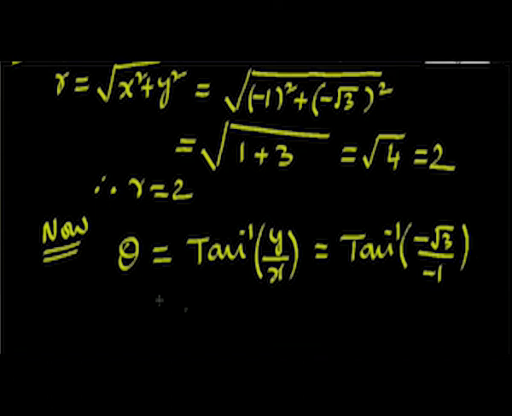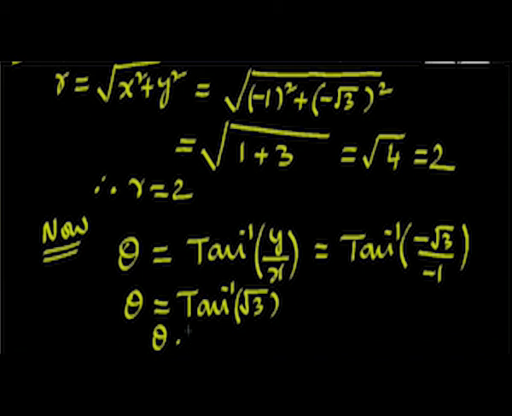So it is nothing but tan inverse root 3. In general, tan theta is equal to root 3. In that way the angle will be tan 60 degrees, pi by 3.